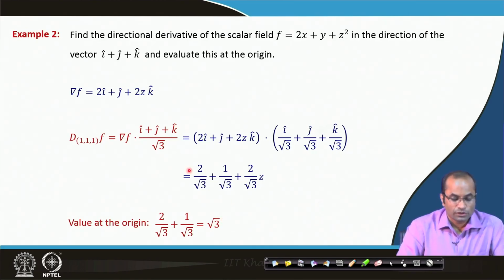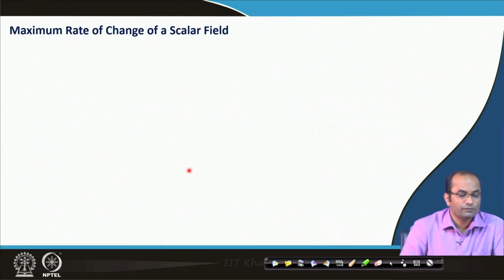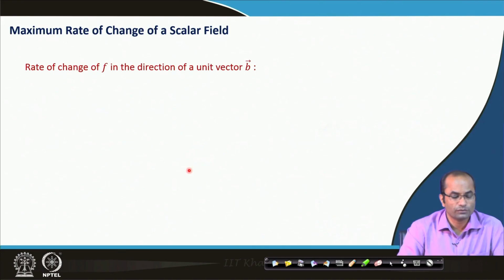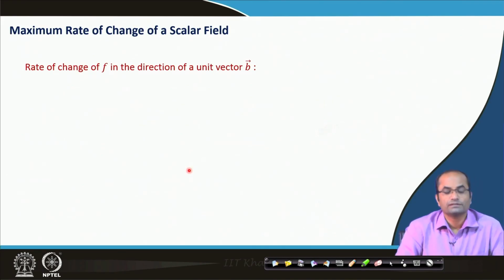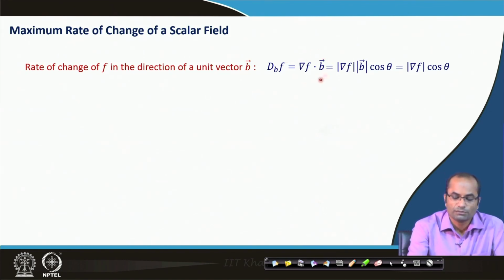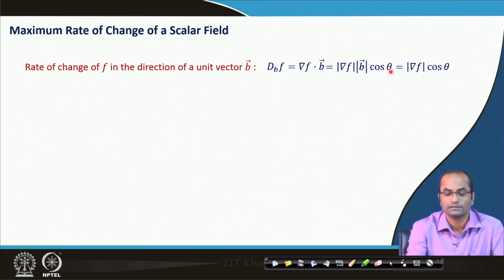Okay. So, now we want to get the maximum rate of change of a scalar function, and the directional derivative plays an important role here. The rate of change of f in the direction of a unit vector b is given by this directional derivative, that is precisely how we define it. And this dot product is the magnitude of del f, magnitude of b and cos theta.